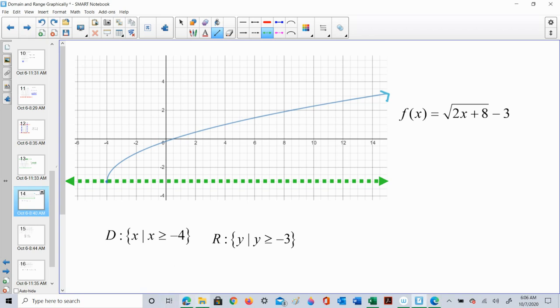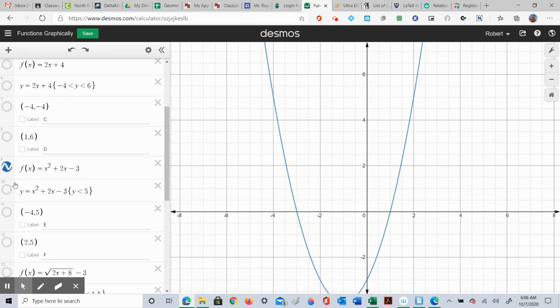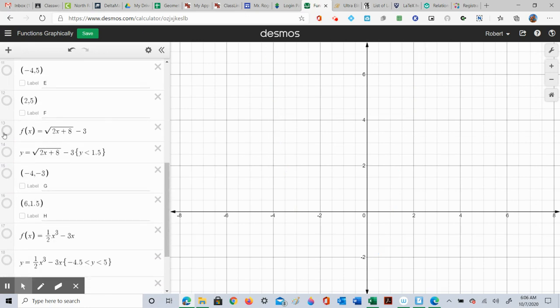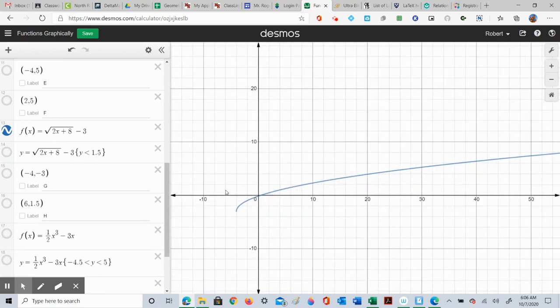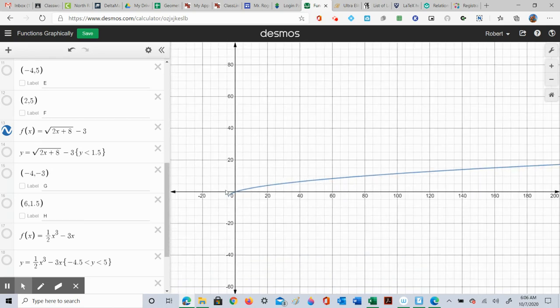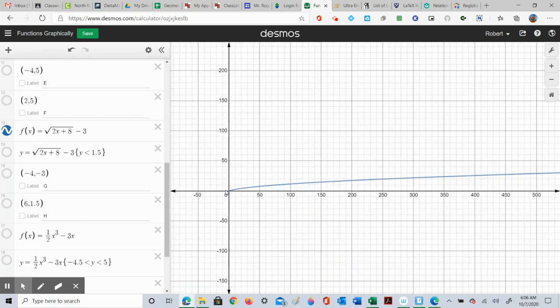Okay, maybe that's the one. Yeah, that's the one I wanted. Sorry about that. Square root function. Again, if I scroll, zoom out, now it goes slowly, but the y's go on forever as well. Just wanted to show that.